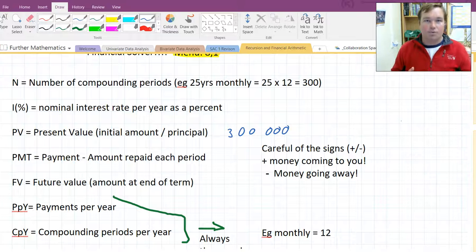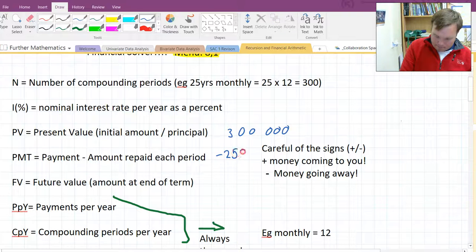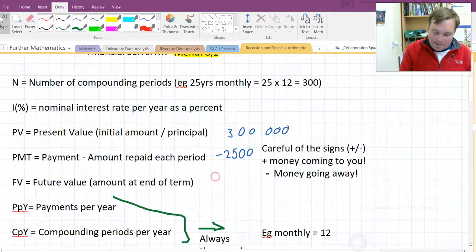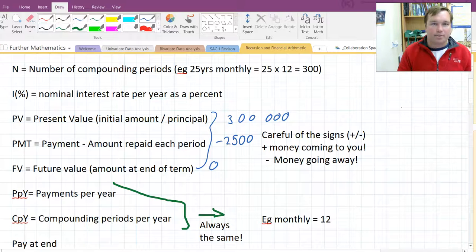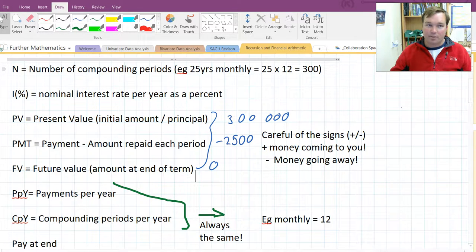Yes, I didn't get a big suitcase, it went away in a house. But it was positive in the initial case because money was coming to me. Each month, this happens, etc. And at the end, there's none left. The values we put in to these three cells are incredibly important and really very difficult.